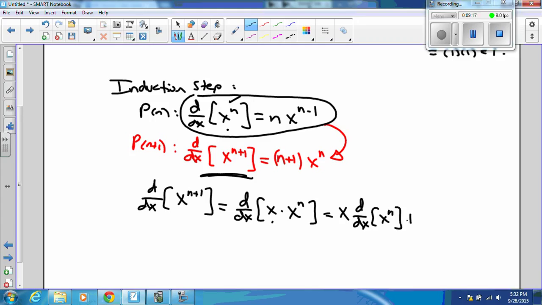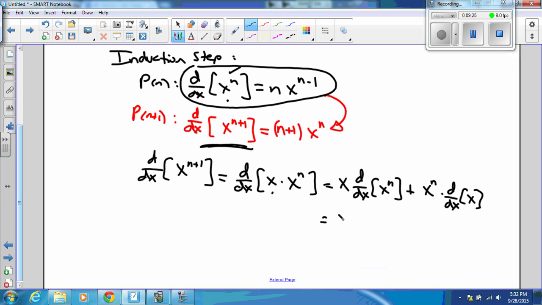And that lets me say that this is equal to x times the derivative of x to the n plus x to the n times the derivative of x. Now, using the induction hypothesis, we can say that this is equal to n times x to the n minus 1. And of course, using the base case, that's simply 1.